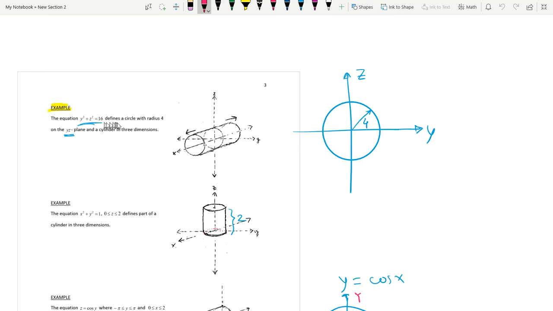So this one defines a circle with radius 4 on the yz plane, and a cylinder in 3 dimensions. If you consider a circle here, another circle here, another circle here, that means you have an infinite number of circles and it represents a cylinder in 3 dimensions.